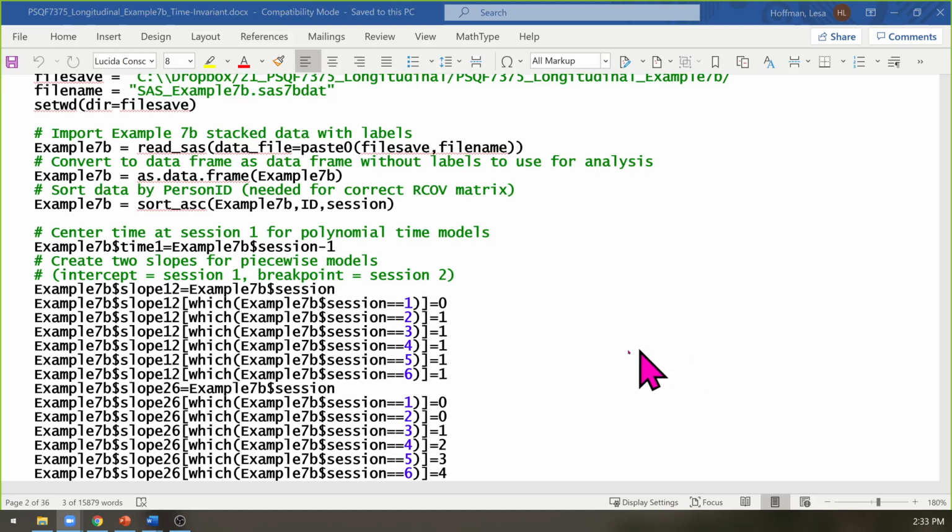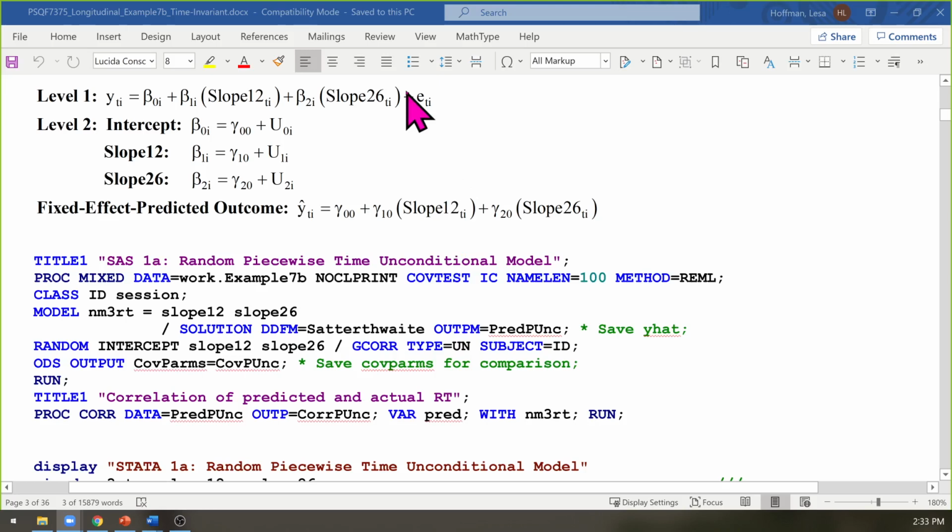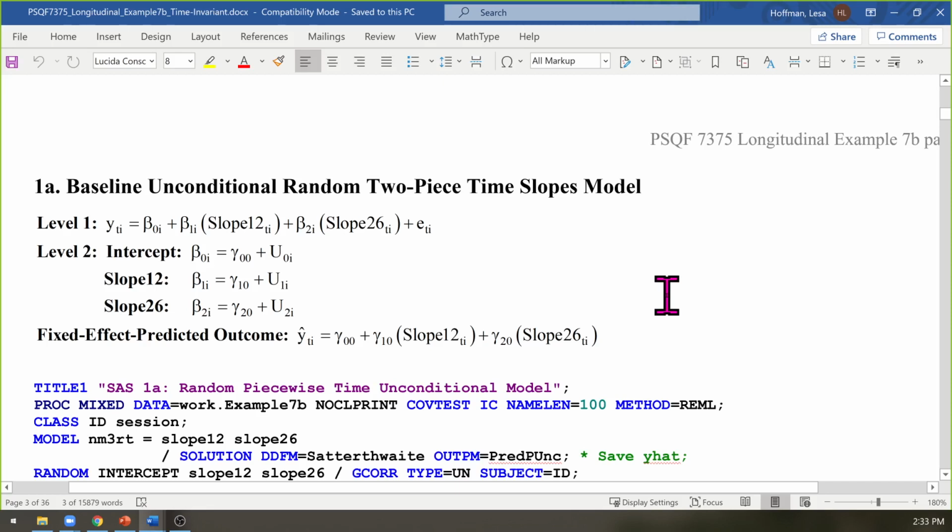So first model on page 3 is an unconditional baseline. The first set of models here is going to predict change as a function of the two piecewise linear slopes. So the first thing that I got to do is figure out how much individual variance there is for the time invariant predictors to capture.